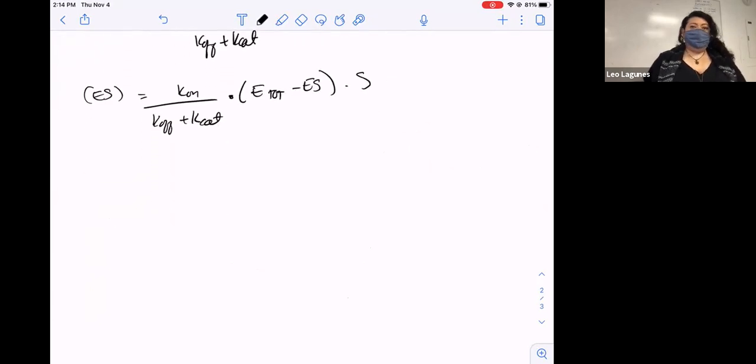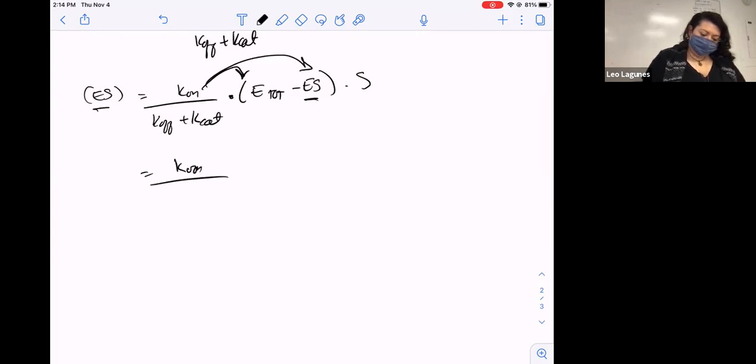We want all the ES's together, so this ES and that ES need to go together. So we're going to have to distribute this chunk: K on over K off plus K cat times E total minus ES times the substrate.